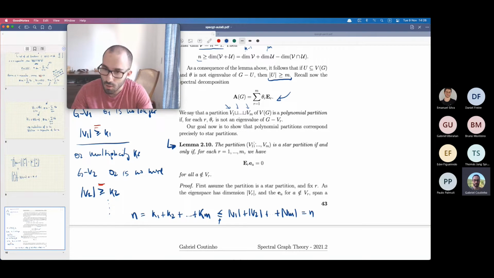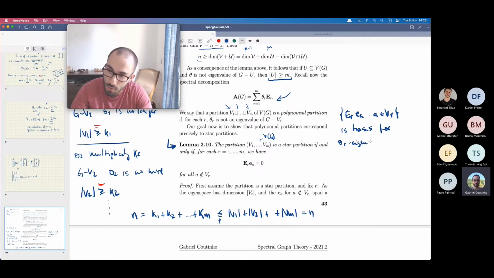A star partition partitions the vertex set of the graph, and it is so that the set of E sub r times E sub a for a belonging to V r is a basis for the theta r eigenspace for all r.